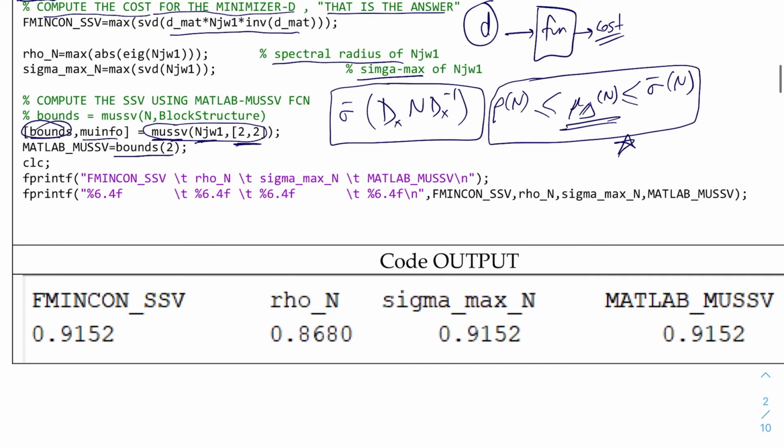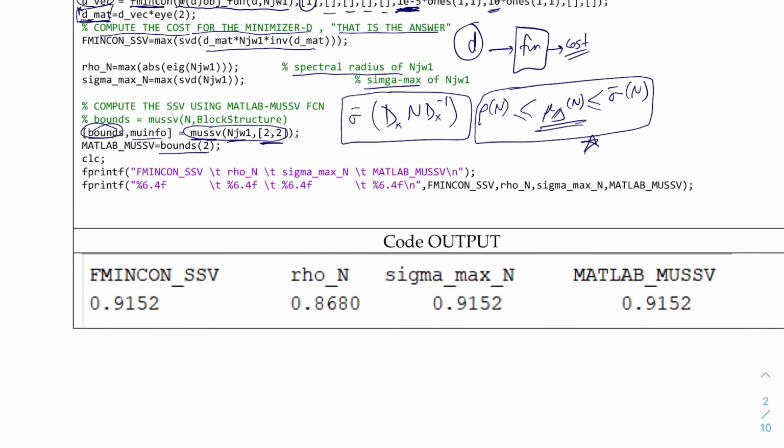And okay, after that, the code output is this. Here, this is the SSV that we computed with the fmincon function, and this is the structured singular value that we computed with mussv.